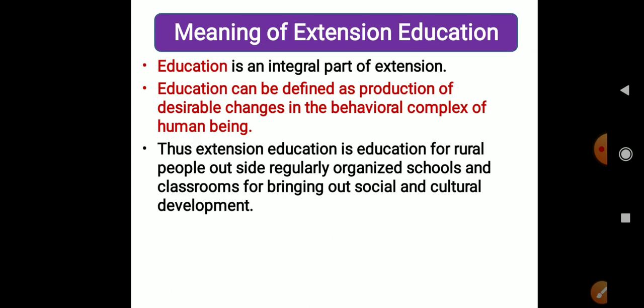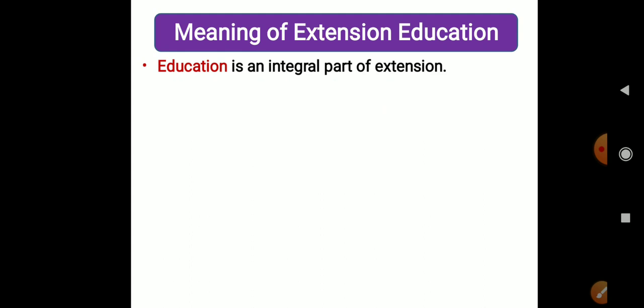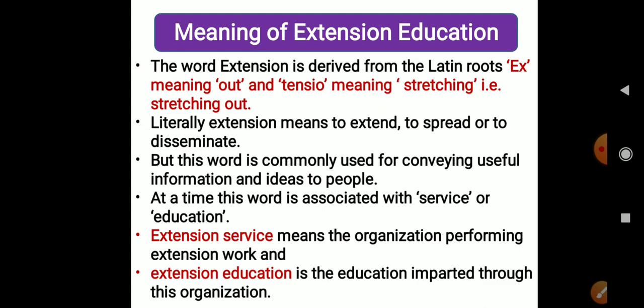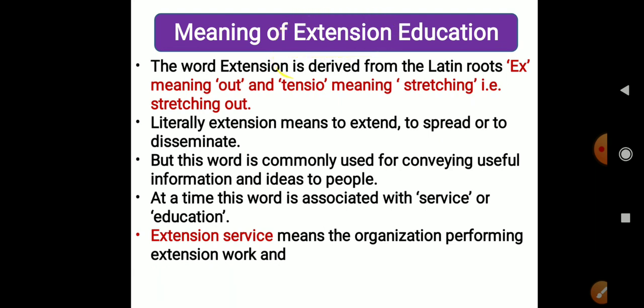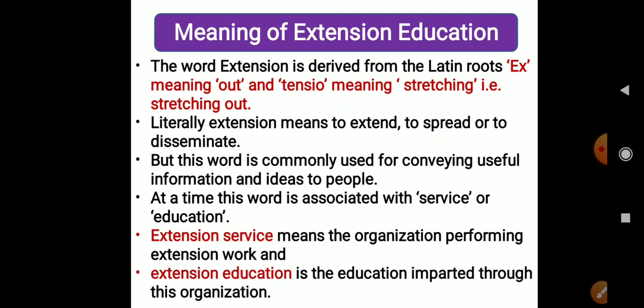Okay. Now let us see once again the meaning. What we have to remember regarding this meaning. The main thing, you need to remember this statement. Ex and tensio. It is going to be asked in a fill in the blanks. Ex means out, tensio means stretching. So what is the meaning of extension? To extend, spread, or disseminate. But mostly this word extension is used because we are trying to transfer useful information.